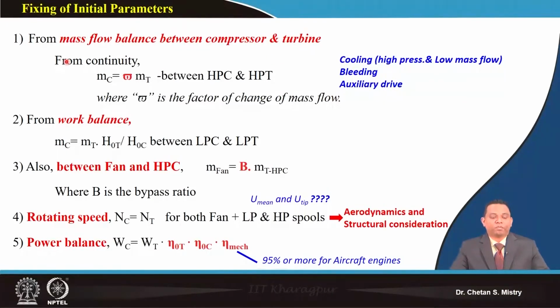From our continuity equation, the mass flow rate to the compressor is given by this, where this factor represents the change in mass flow rate, and this represents the mass flow rate through my turbine. So we are applying this mass balance for the HP compressor and HP turbine.